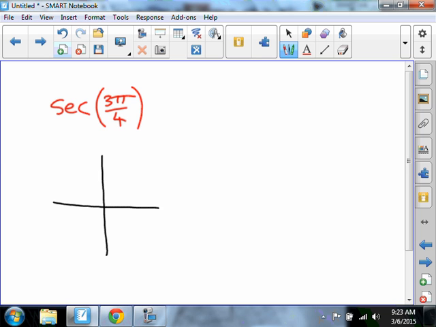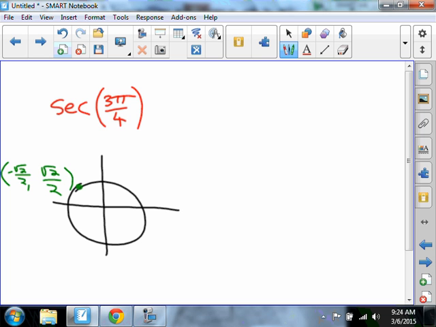How did I know that? What do you do to figure this out? You've got to go in the unit circle to where 3/4 pi is. Where's that at? It's in the second quadrant, right in the middle, right? And what are the coordinates there? Negative rad 2 over 2 and rad 2 over 2, right?